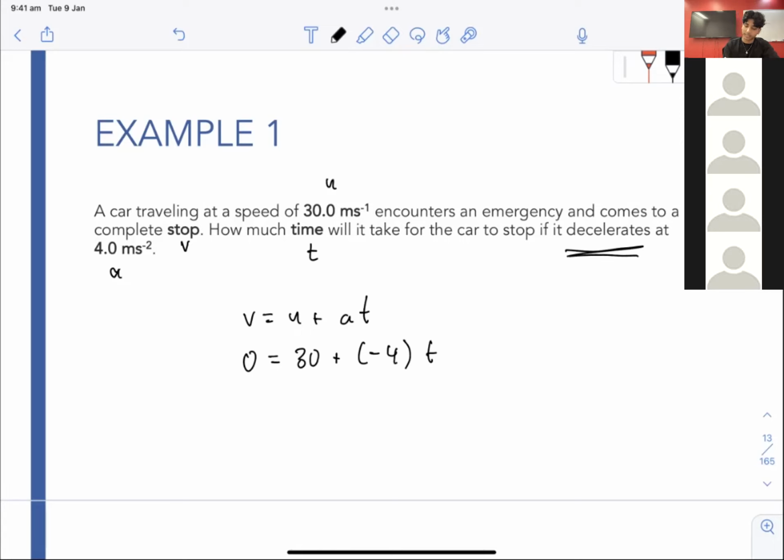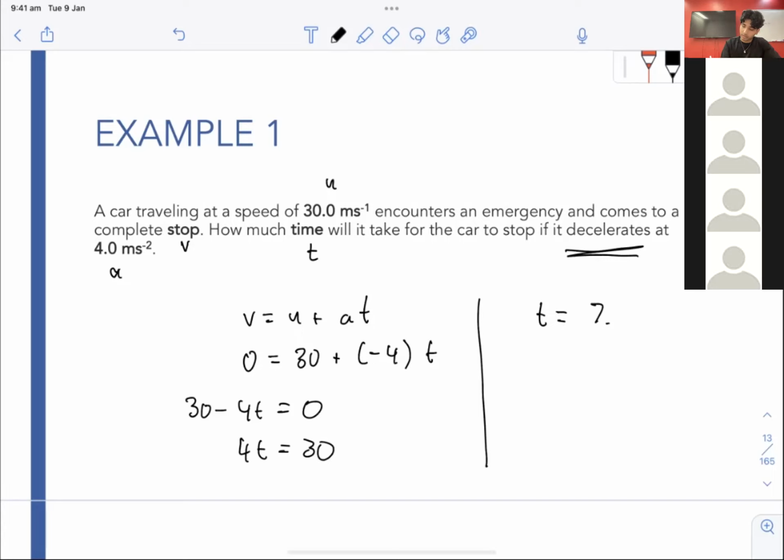So if I rearrange this, I'm getting 30 minus 4t equals 0. Then if we make 4t the subject, 4t equals 30, and then divide both sides by 4, we get t is equal to 30 on 4, or 7.5 seconds.